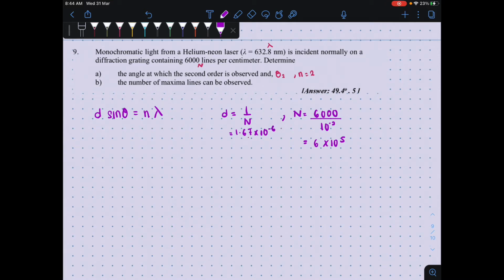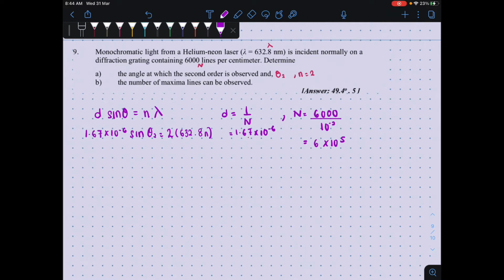Okay, so we are going to substitute your d here. So your d here becomes 1.67 times 10 to the power negative 6 sine theta 2, because the number of order is 2, and then lambda here is 632.8 nanometer.